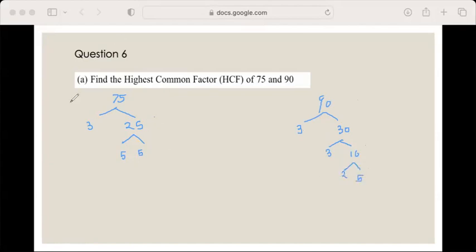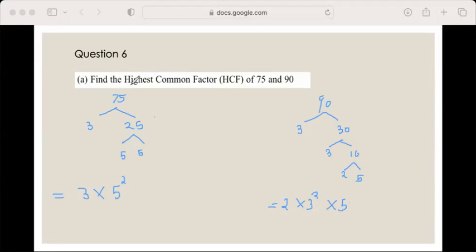So now we have the prime factors of both numbers. Here it is 3 times 5 squared, 3 times 5 times 5. And here 2 times 3 squared times 5. These are the factors of 90.